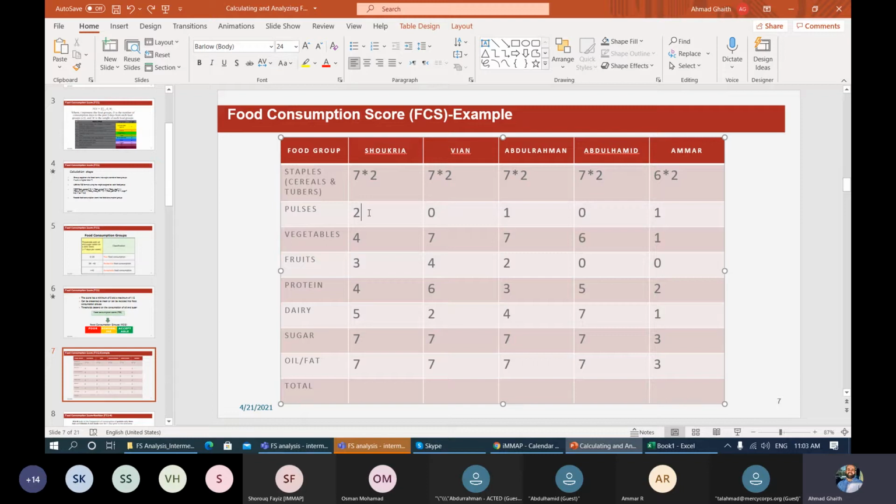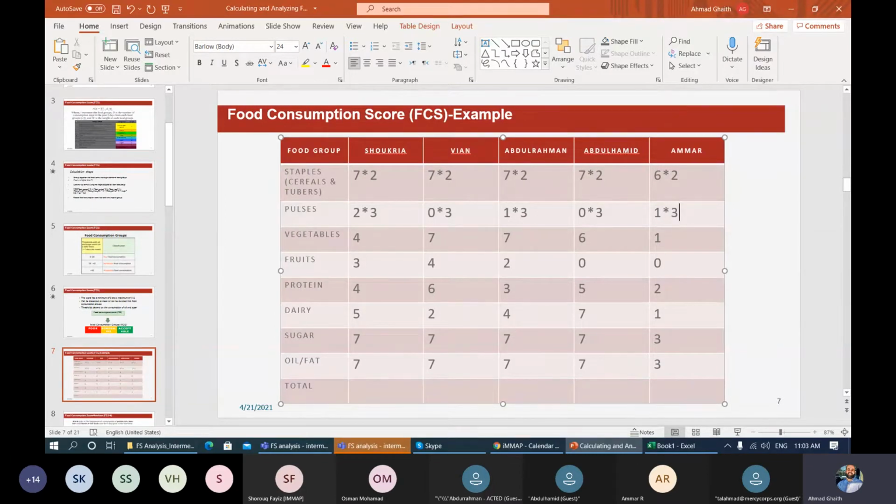So then for pulses, do you remember the weights? Yes, 3. So these ones will get 3. Yani, it seems like you aren't eating a lot of fool or hummus.